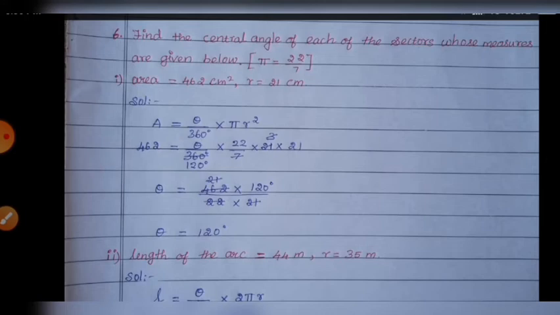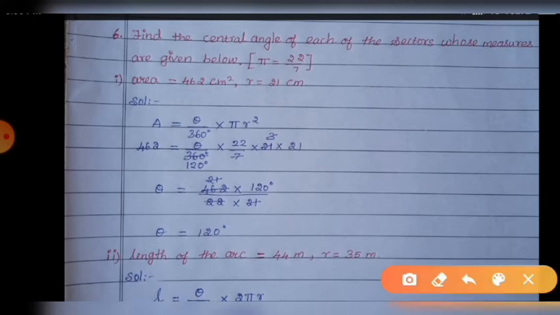Theta is equal to 462 into this. The denominator moves to the left side and becomes a numerator, that is 120, divided by the numerator changing to denominator, 22 into 21.